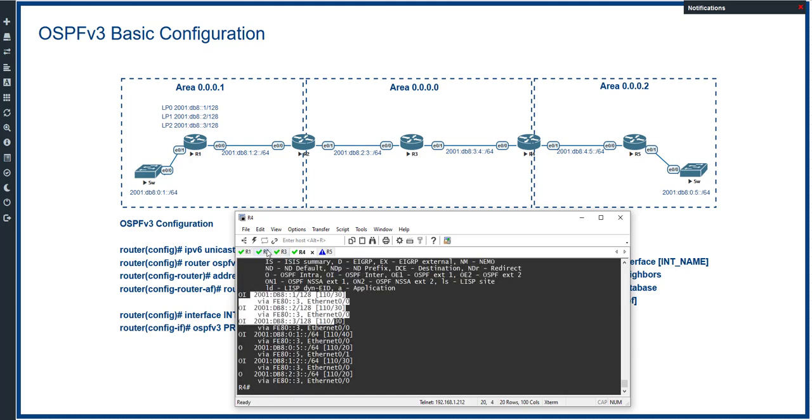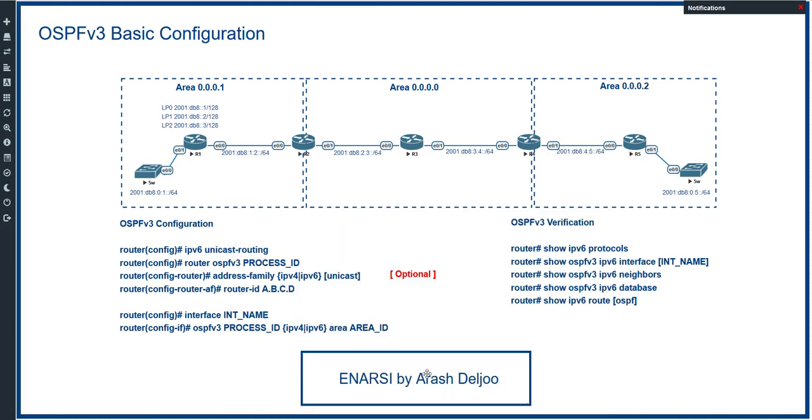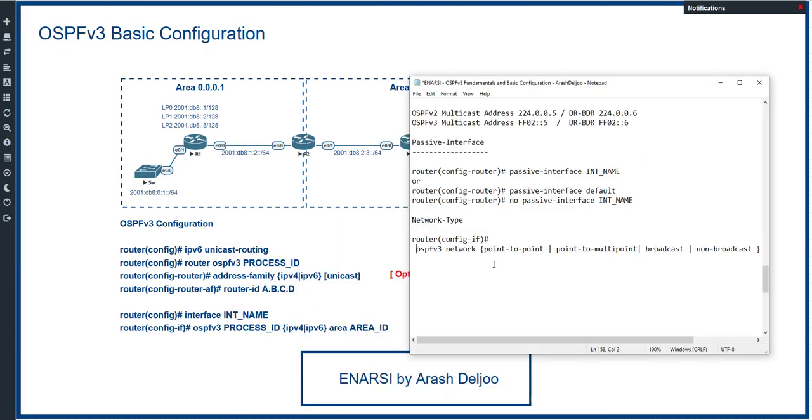Now I'm going to talk about the summarization. The summarization command is exactly the same as the summarization command in, for example, OSPFv2. You know that on the ABR, we are summarizing LSA type 3, and because of that, we should use the area range command. Look here, summarizing on the ABR. In IPv4 we used area ID range, summary IP, summary mask, and here we are using exactly the same command.